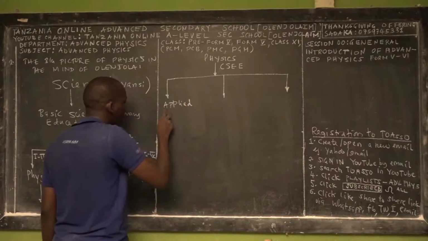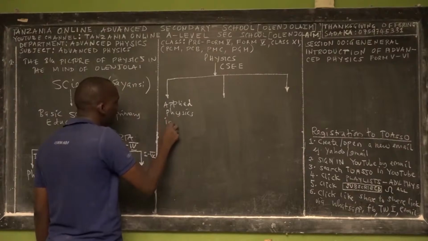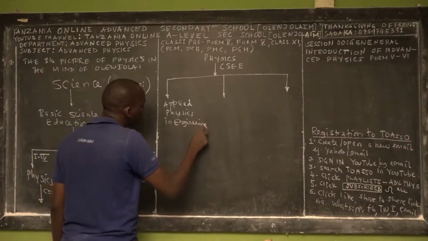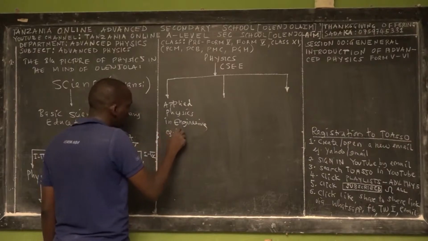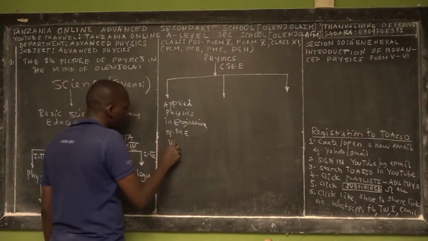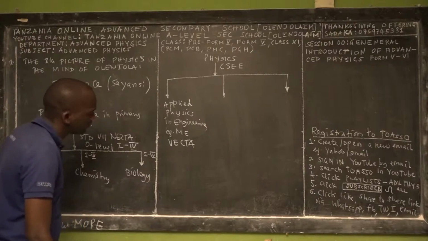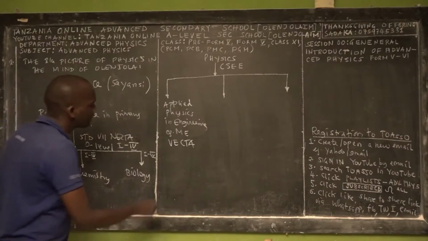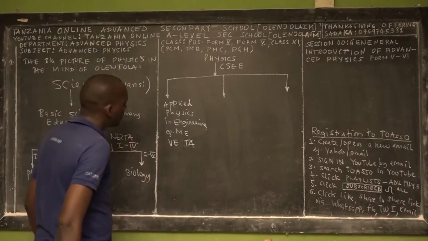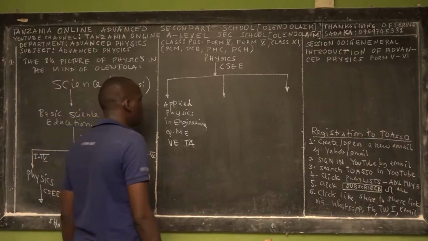So the routes of applied physics, and this applied physics may be mostly in engineering, for example, mechanical engineering. This knowledge you may find under VETA colleges. In Tanzania it is called VETA, and the long term is Vocational Education and Training Authority. So that is the first route.